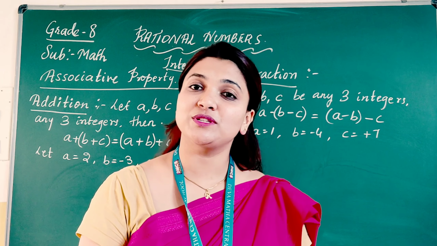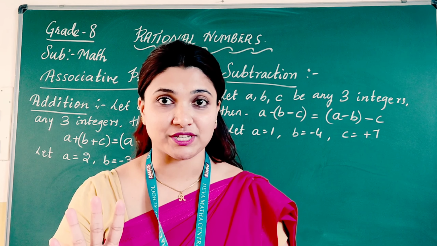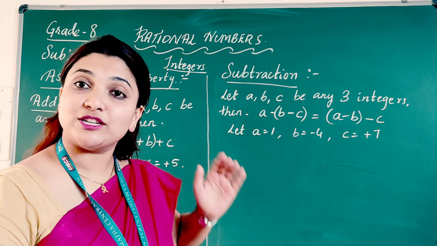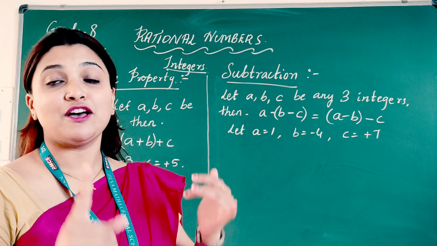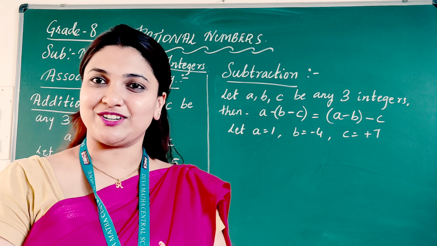Alright, so when I look at properties, I have to check for all the four basic operations. First, it is for addition, next subtraction, multiplication and division. Similarly, for this case also, I will first see if my associative property is valid for addition, subtraction, multiplication and division.